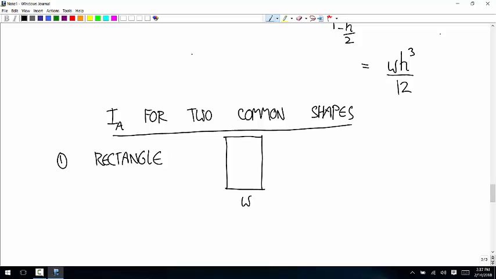If this is W and this is H, and your coordinate system is like this, then the area moment of inertia about the neutral axis is WH cubed over 12.